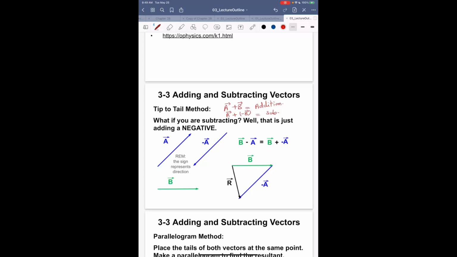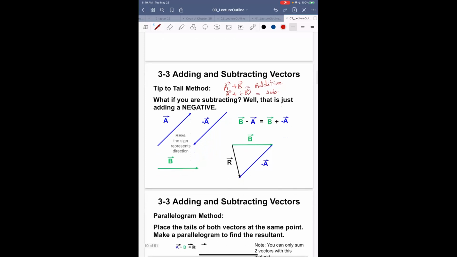Okay, here in this example, we have B minus A. It was converted to B plus minus A. And then we did the vector diagrams.